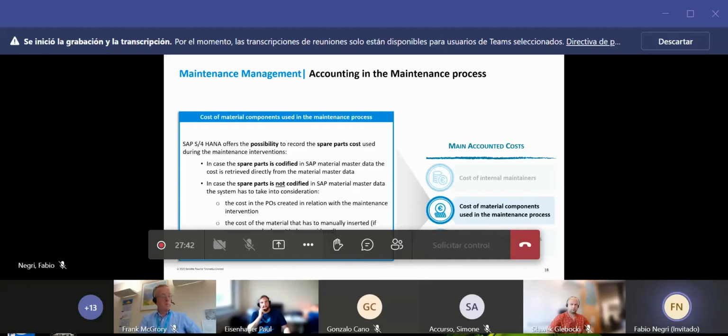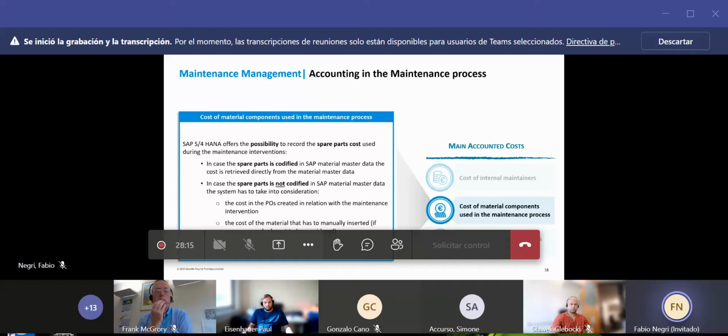If we are using little spare parts like screws, which are not managed in the inventory, they should not be put into account. But if we are talking about something larger like an engine, we can consider the possibility to manually insert the price into the maintenance order.